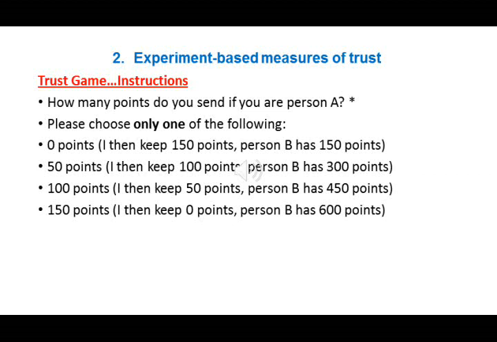These are the four options facing person A. The first option is a measure of 0 level of trust, and 150 points is a measure of very high levels of trust. I'm trusting the other person to a high extent because I believe deep inside that he will be returning these points for me, for example.